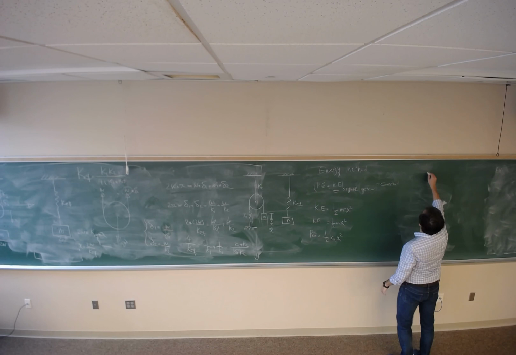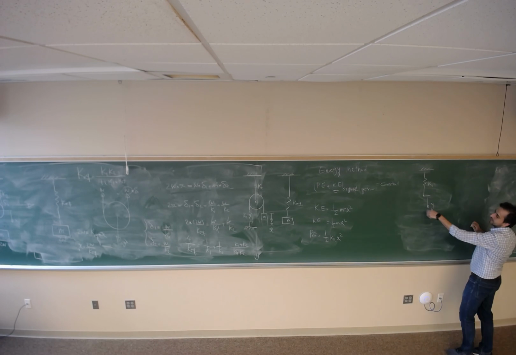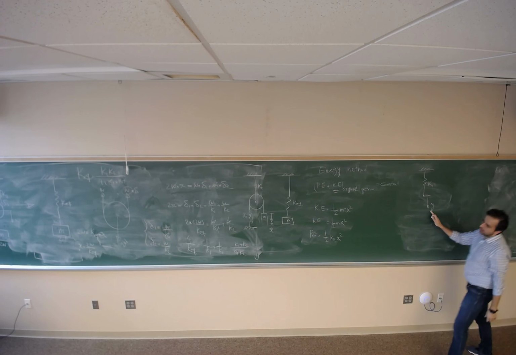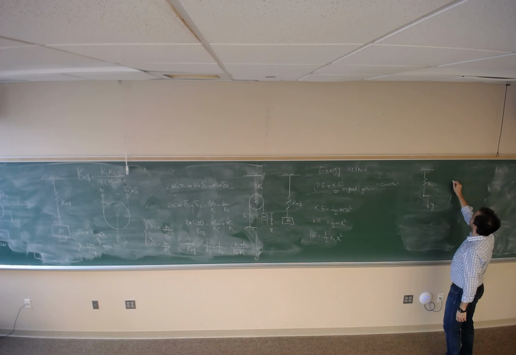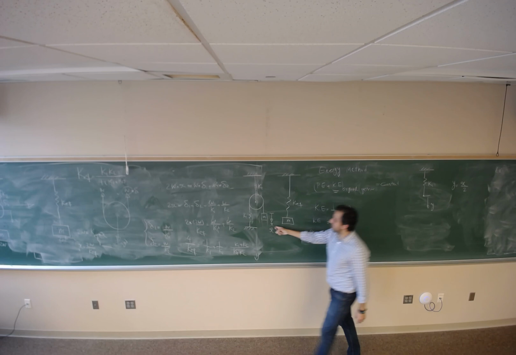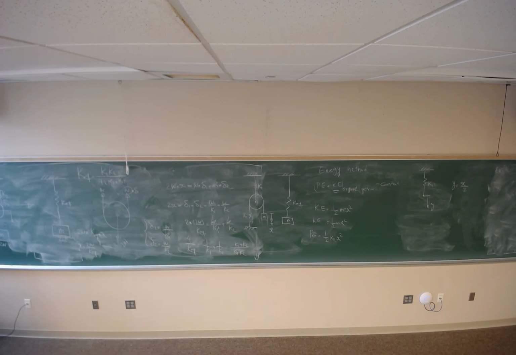So if I represent the deflection of the spring K1 by y, which is the deflection of this point, with y, y would be x over 2. Whatever this is, half of that amount is going to be the deflection y.